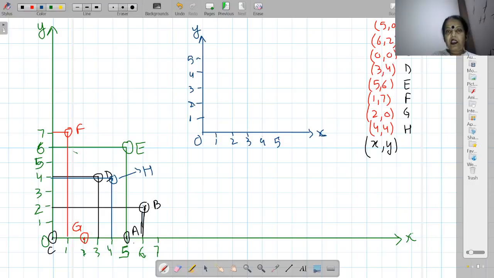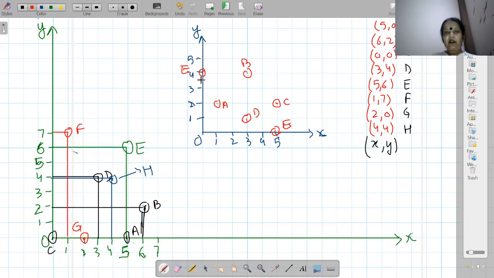Now the coordinates are not mentioned, only the points. The question is that you have to tell the coordinates of all these points.